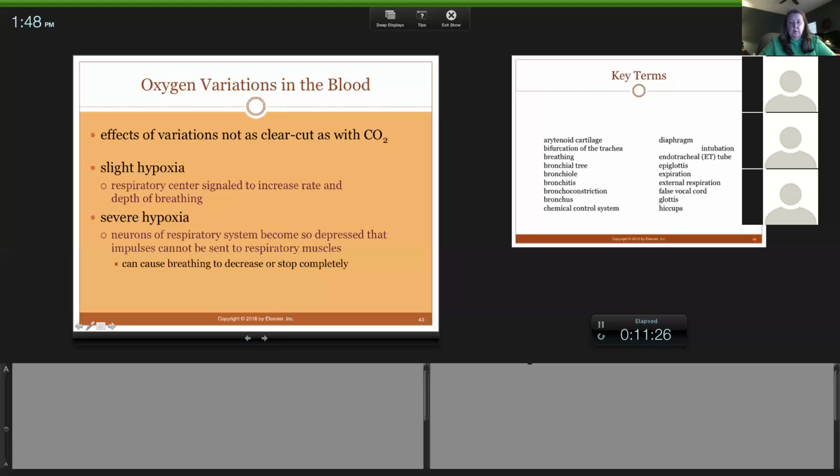Alex, numbers like that, what I talk about in animals, it's very similar in people. When you're below 85% saturation, that's severe hypoxia. What can happen when you get numbers like that is you can really plummet fast.